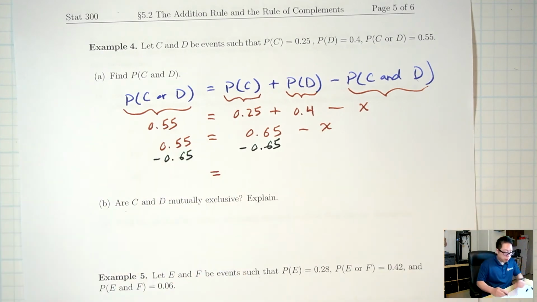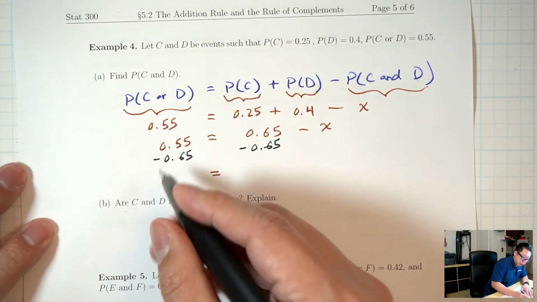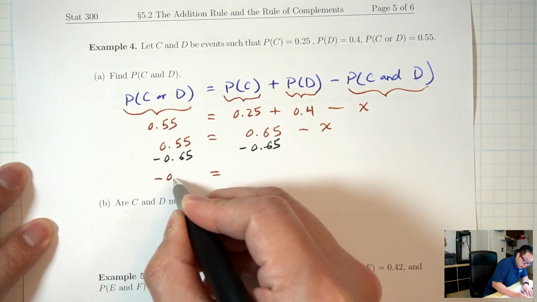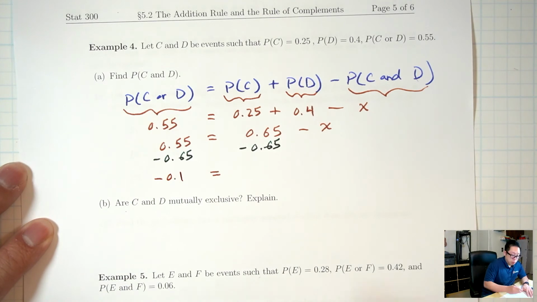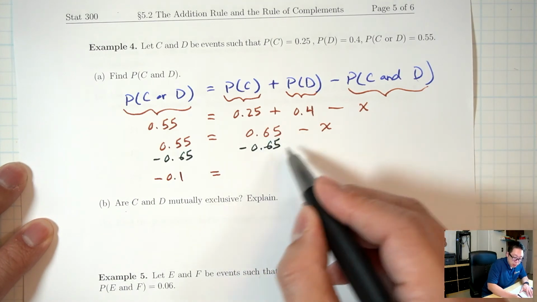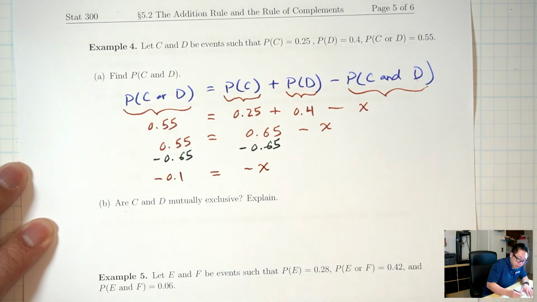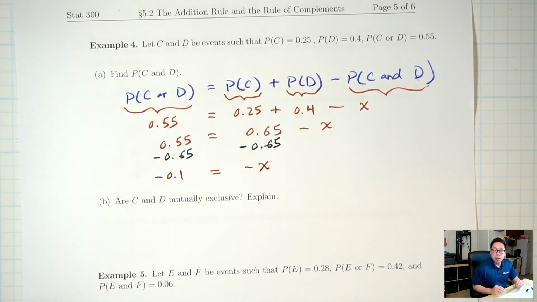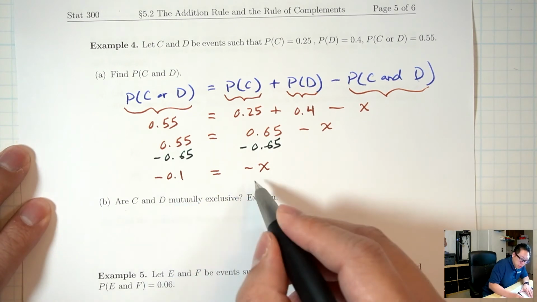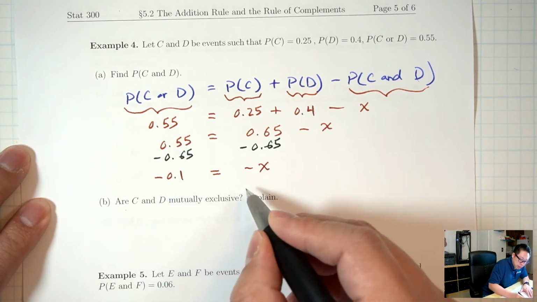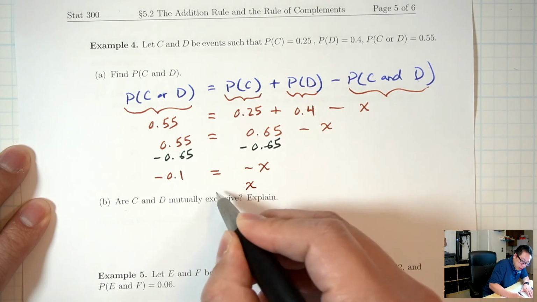Okay, left side 0.55 minus 0.65. So 0.55 minus 0.65 is negative 0.1. Right side, that's going to cancel out. I'm still left with minus X. So I'm not looking for minus X, right? I'm looking for regular X. So if I know minus X is negative 0.1, then regular X, what's regular X?